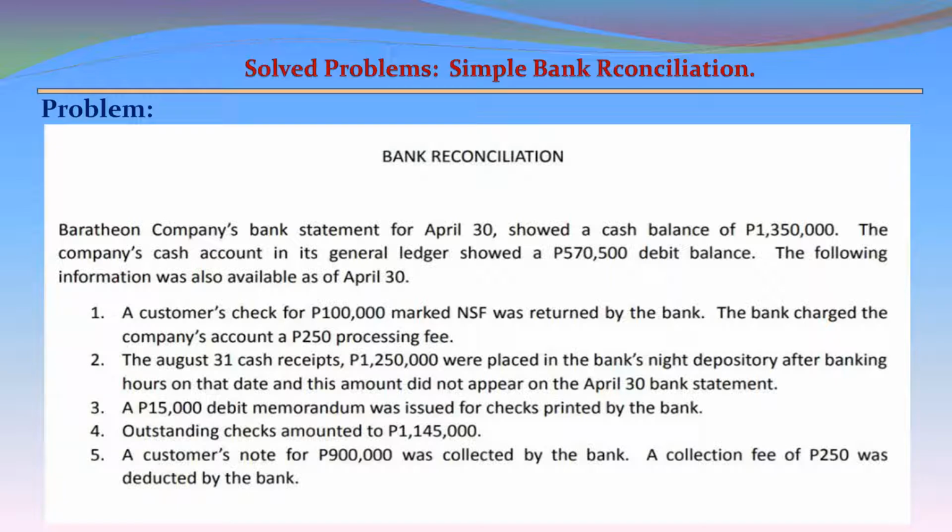A 15,000 debit memorandum was issued for checks printed by the bank. 4. Outstanding checks amounted to 1,145,000. 5. A customer's note for 900,000 was collected by the bank. A collection fee of 250 was deducted by the bank.